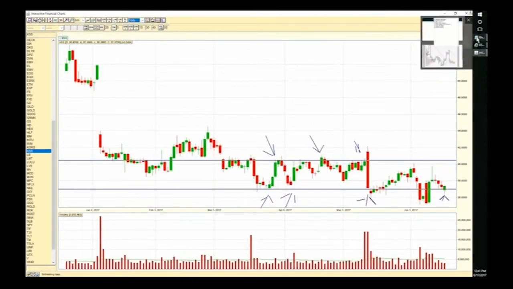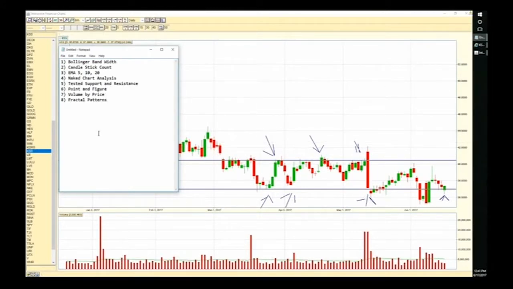All right, fantastic. The next piece of our puzzle after fractal patterns is a little mathematical calculation. How many with the show of hands are ready for a quick mathematical calculation? I want to take the channel width, the area between support and resistance, and figure out the percentage of this channel width versus the average channel price.